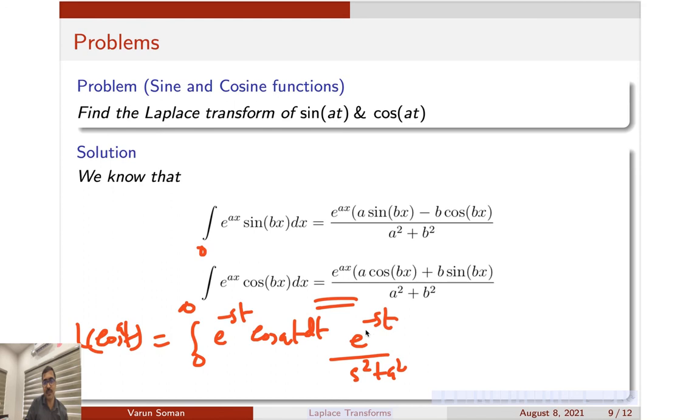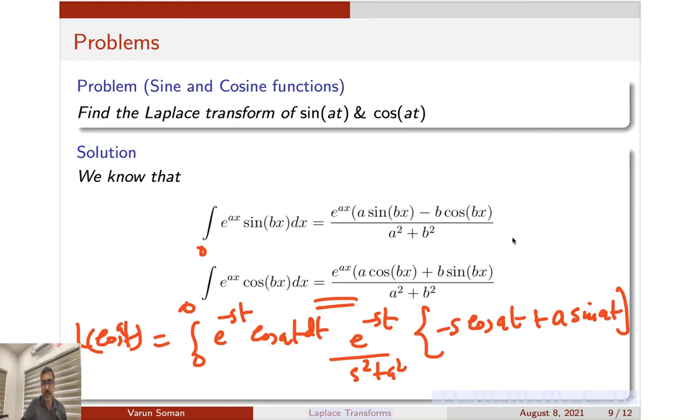In place of a you have minus s, in place of b you have a, so you will have minus s cos at, then plus a sin at.